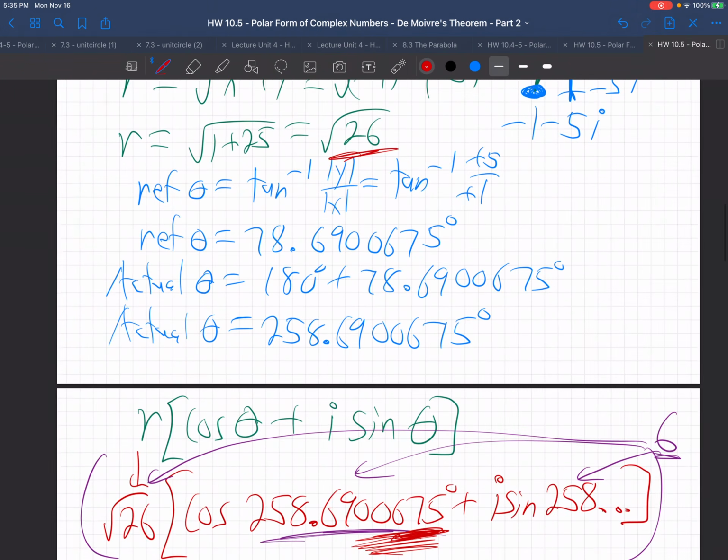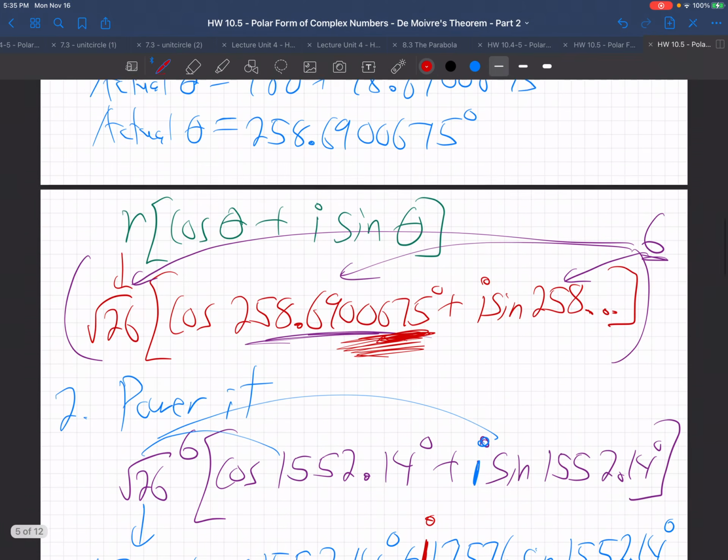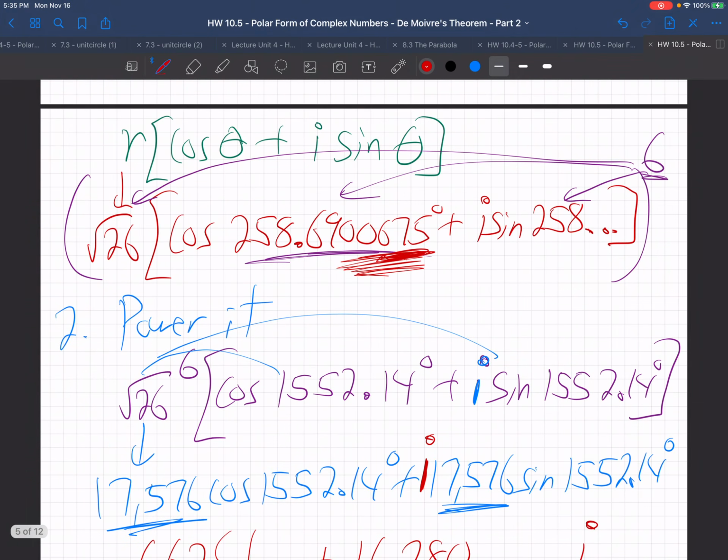So maybe I'll go back and say, how would you do that? What am I talking about? Right here we do the tangent inverse of 5. When you get that 78 thing on your calculator, you add 180 to it. Just leave the exact value on your calculator, and then hit the cosine of that times the root of 26 to the 6th power.